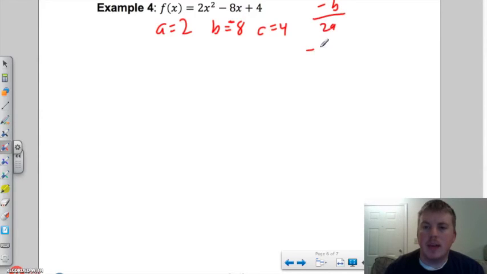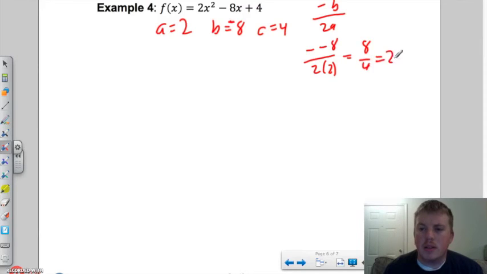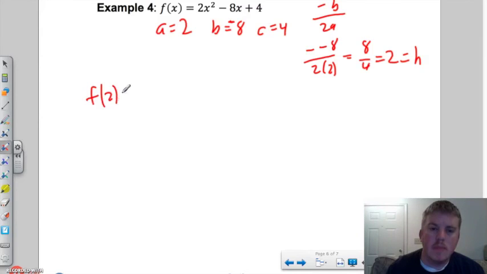This time it's going to be a negative 8 over 2 times A, which in this case A is 2. A negative and a negative make a positive 8, and 2 times 2 gives us 4. 8 divided by 4 is going to give us 2, so I know that that 2 is going to be my h.